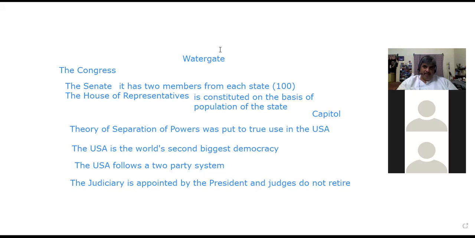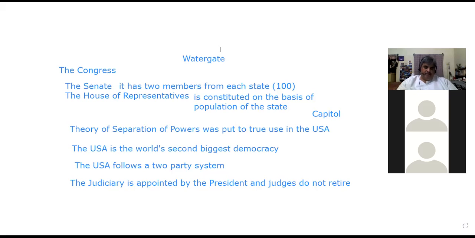He said India will have a second wave, and it's a matter of great concern as to what will happen when the second wave comes. Well, we are seeing what's happening, which is very unfortunate.